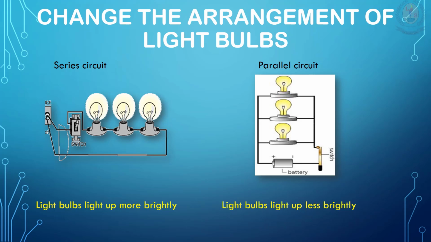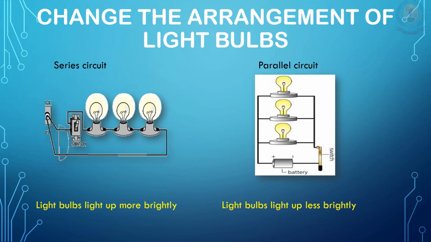Yes, a series circuit is a circuit in which electricity can flow in only one path. But a parallel circuit is a circuit in which there is more than one path for electricity to flow.